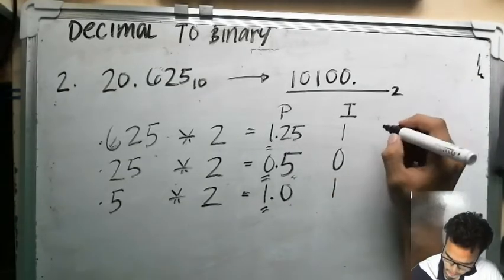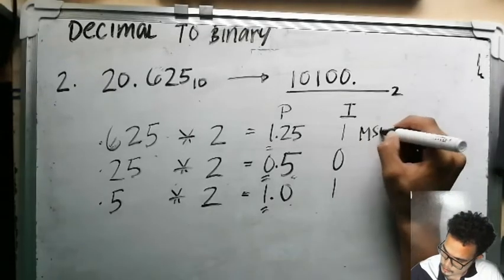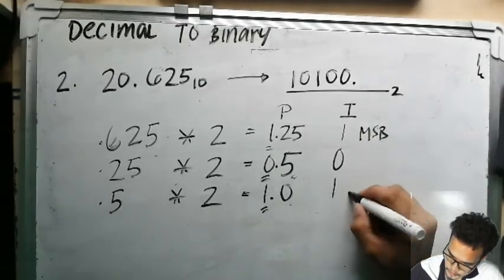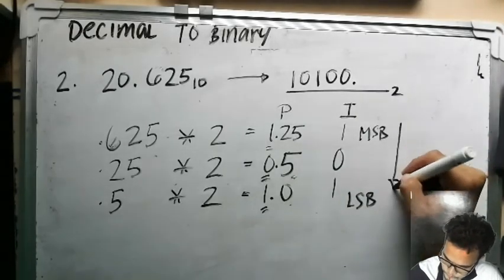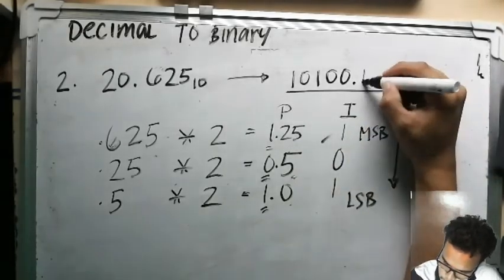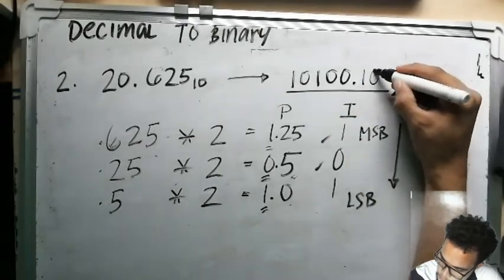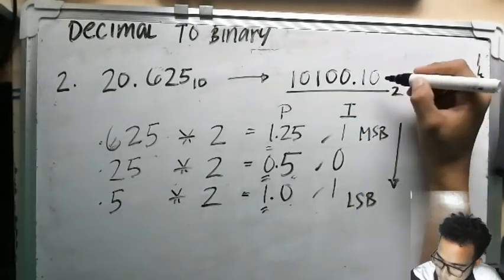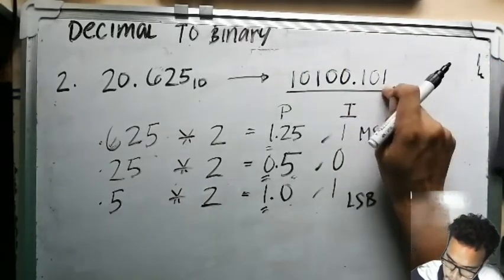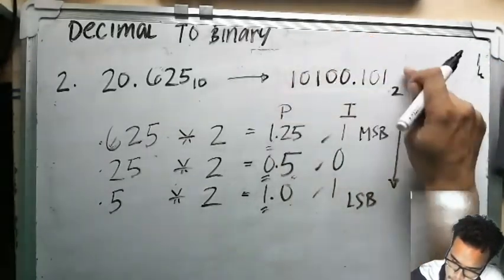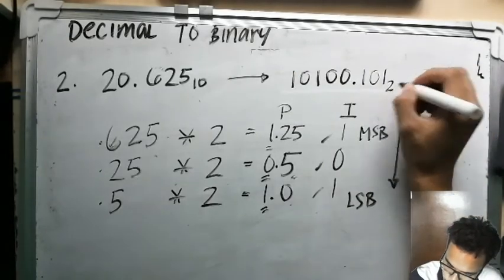Then this is our MSB and this is our LSB. Write it: 1, 0, 1. This is your final answer in binary.